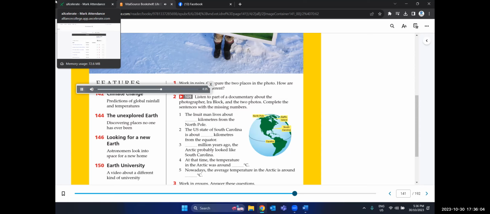Ira took the two photos because about 56 million years ago, the Arctic probably equaled South Carolina today. At that time, the temperature in the Arctic was around 25 degrees Celsius. Nowadays, the average temperature in the Arctic is around minus 10 degrees.